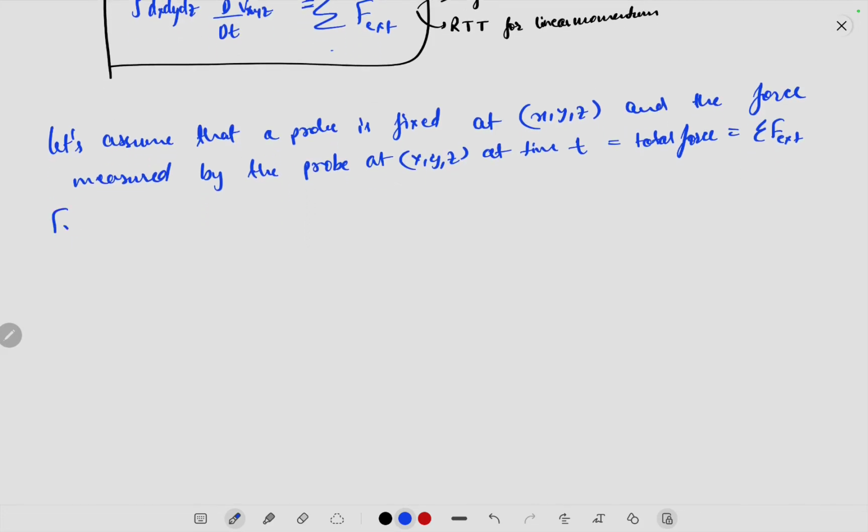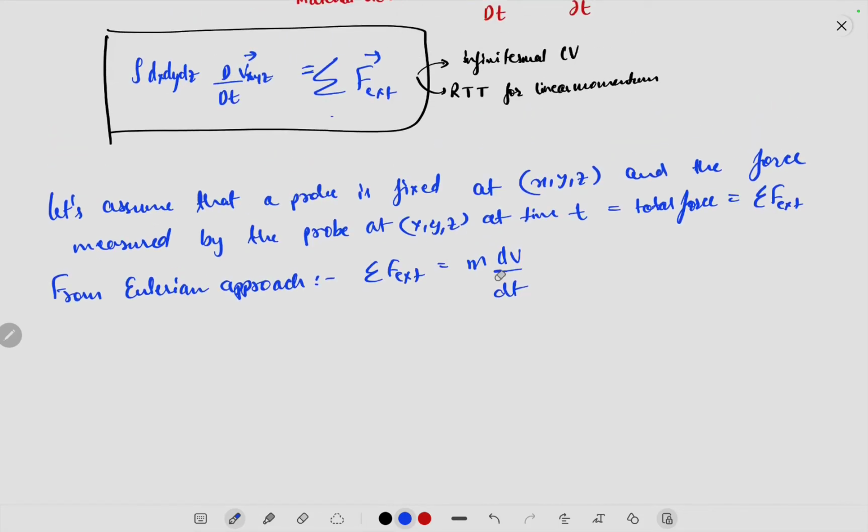So from Eulerian approach we know that this will be m times dv by dt. Okay, and from Eulerian approach we know that this dv by dt can be written as this.